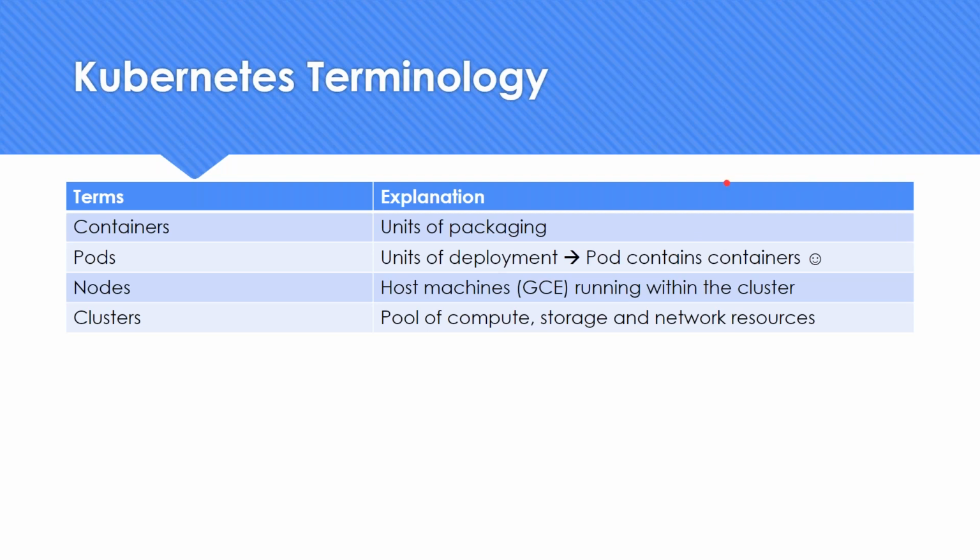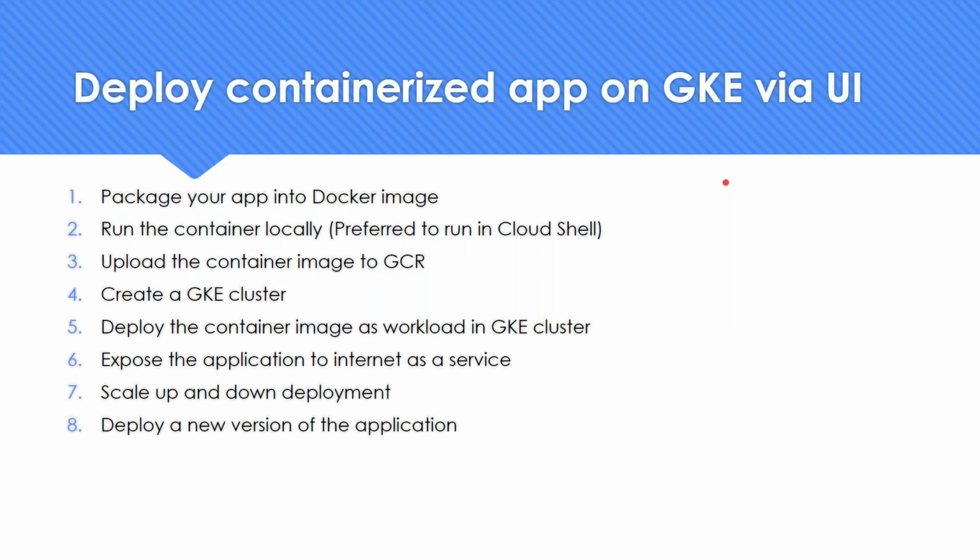Now, enough of lecture. We'll go and provision a Kubernetes cluster and do a series of demos. And we will do the same demo 3 times, folks. The first time is going to be using the UI, just to make you comfortable.